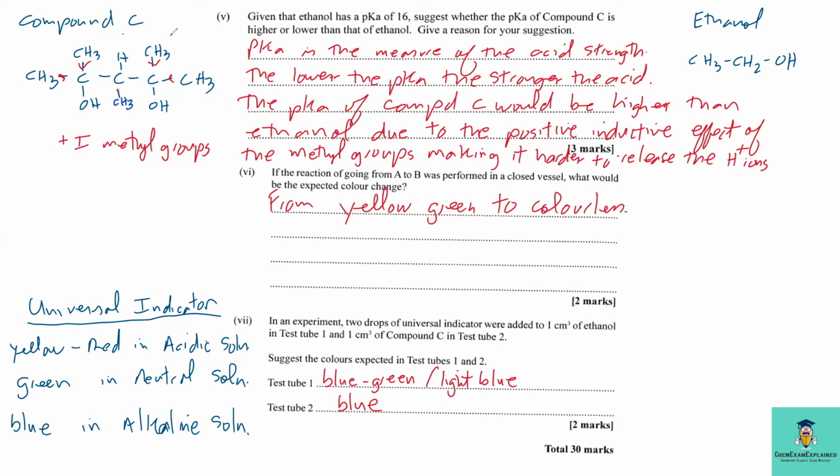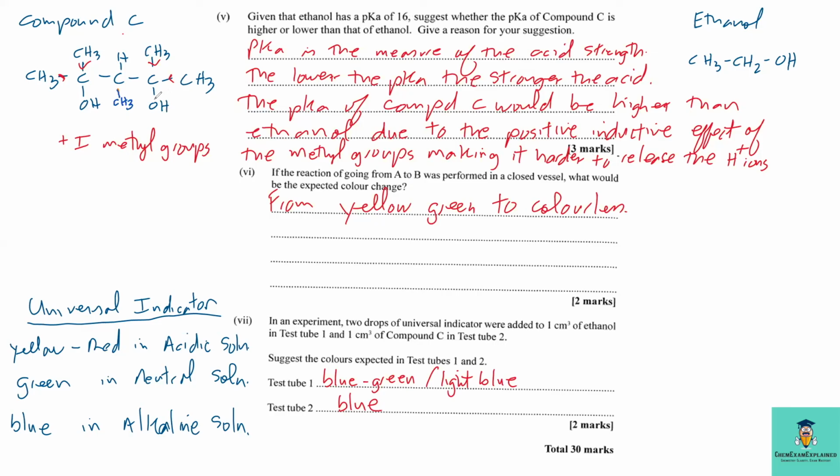So these groups push electrons towards the OH. In explaining the answer, we must understand the meaning of pKa. pKa is really a measure of the acid strength. So the lower the pKa, the stronger the acid. The pKa of compound C would be higher than ethanol due to the positive inductive effect of the methyl groups, making it harder to release the H plus ions.